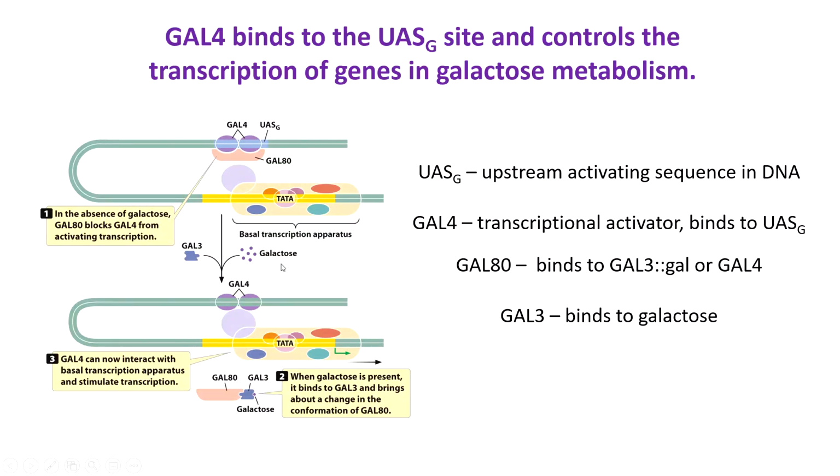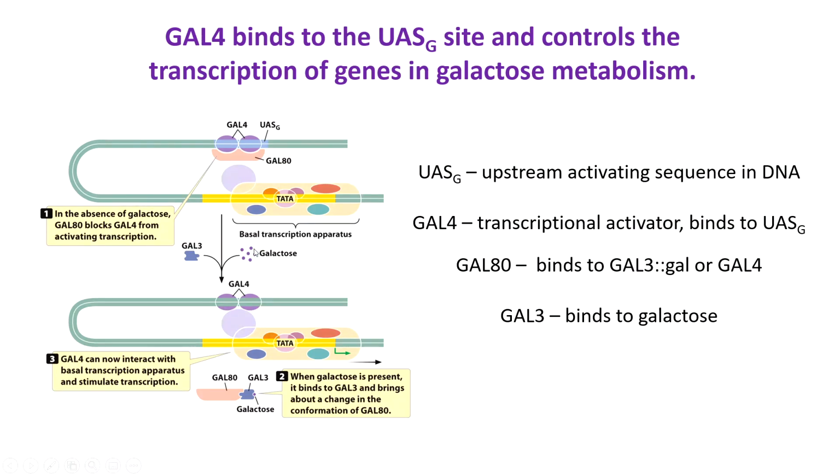However, when galactose is now present, this results in a couple of different things. Galactose will bind to GAL3, and GAL3 helps to, get this, repress the repressor. So when galactose is present, we want to make this enzyme so that we can process galactose.